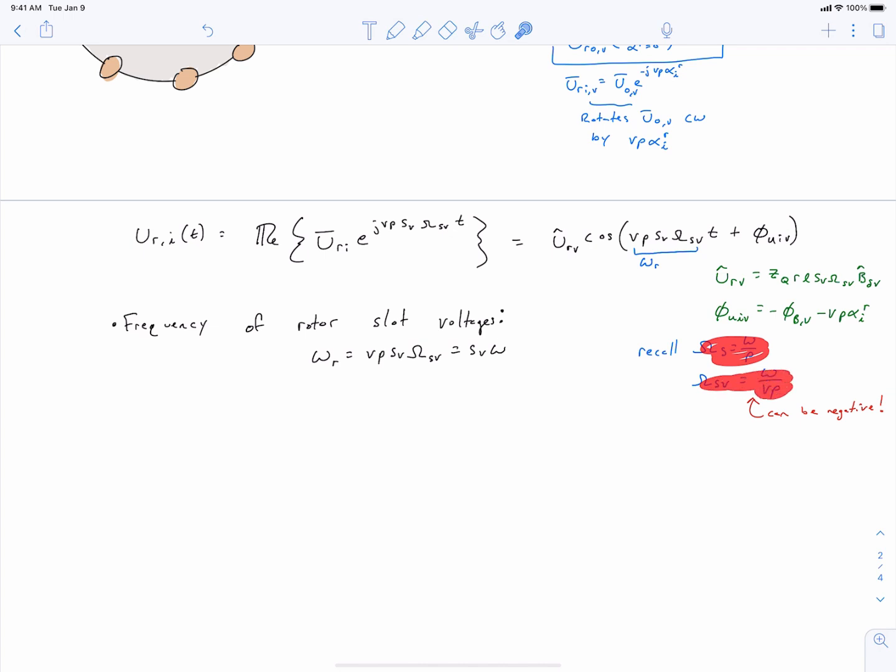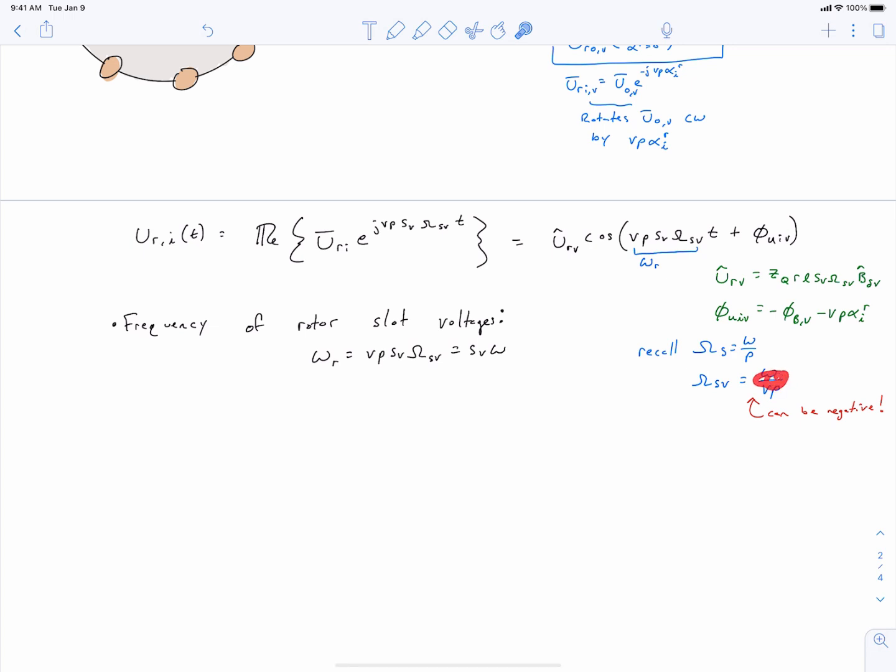We derived this expression in our harmonics unit, in the winding design unit, that the field speed of a harmonic is omega divided by that harmonic index times number of pole pairs. And sometimes these harmonics will actually rotate in the negative direction. They'll rotate clockwise as opposed to counterclockwise. So for example, the second harmonic rotates backwards in a three-phase system. So just something to be aware of.